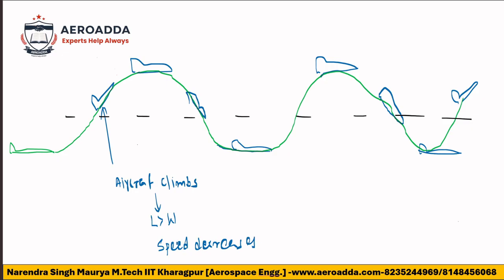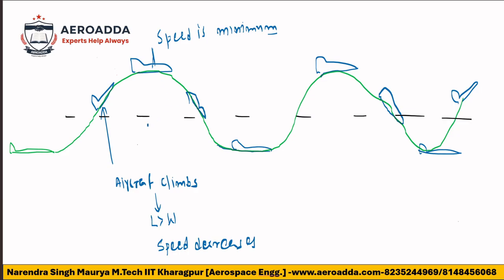Correct. Now, what is happening? This is the top one. Because the speed is decreasing, once it reaches here the speed is minimum. I'm not talking in terms of cruise and all. I'm talking from the energy point of view. Potential energy will be very high here, maximum.